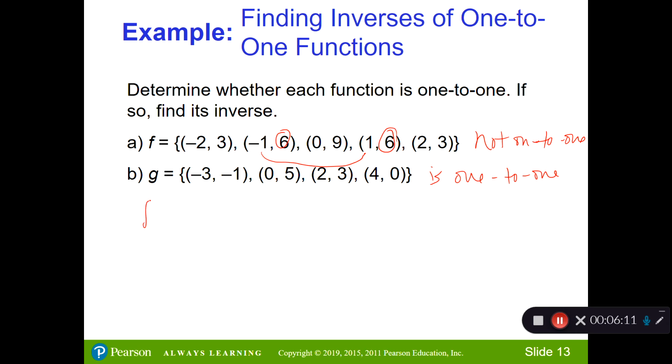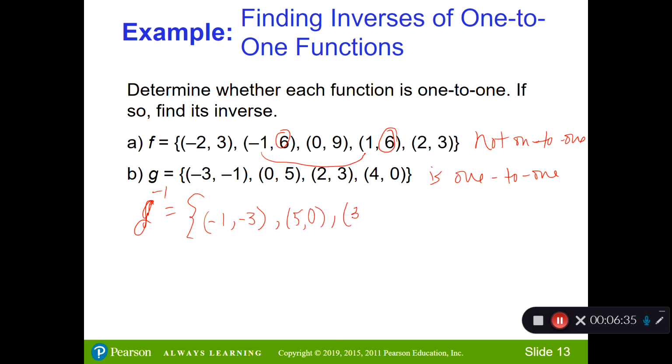All right, so I need to find G inverse. So G inverse, well, let's see. It's going to take this y value and turn it back into an x. So that means this is the input and that's the output. So negative 1 is the input and negative 3 is the output. 5 is the input, 0 is the output.